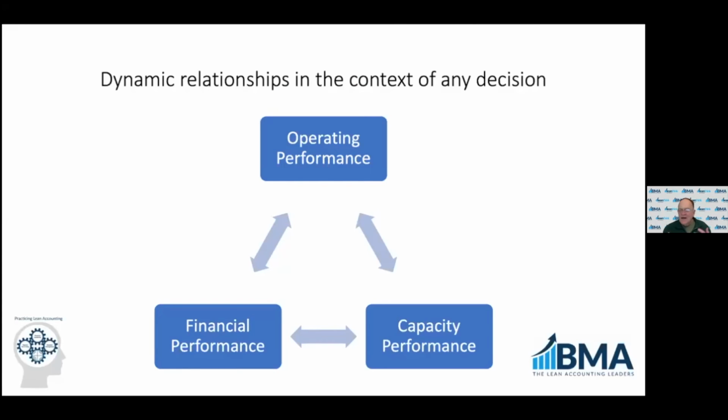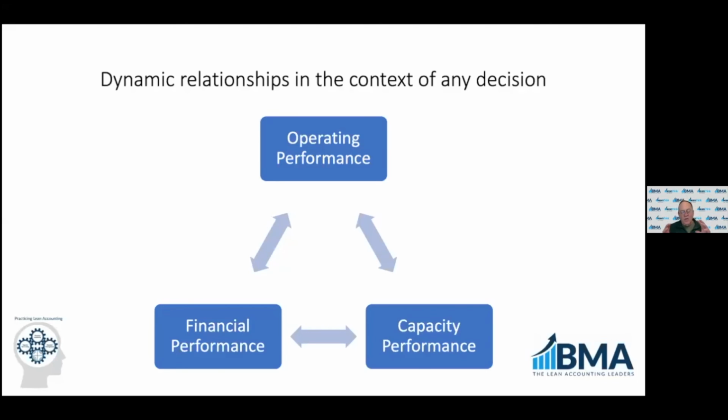And so this is another aspect of decision making that we want to really put into the process. There's a tendency to think in conventional decision making that all these relationships are static and known. In reality, if we're making improvements, operating performance is changing, capacity performance is changing. What's the impact on financial performance? Likewise, if we want to improve financial performance, what types of improvements do we have to make in operations to get there?